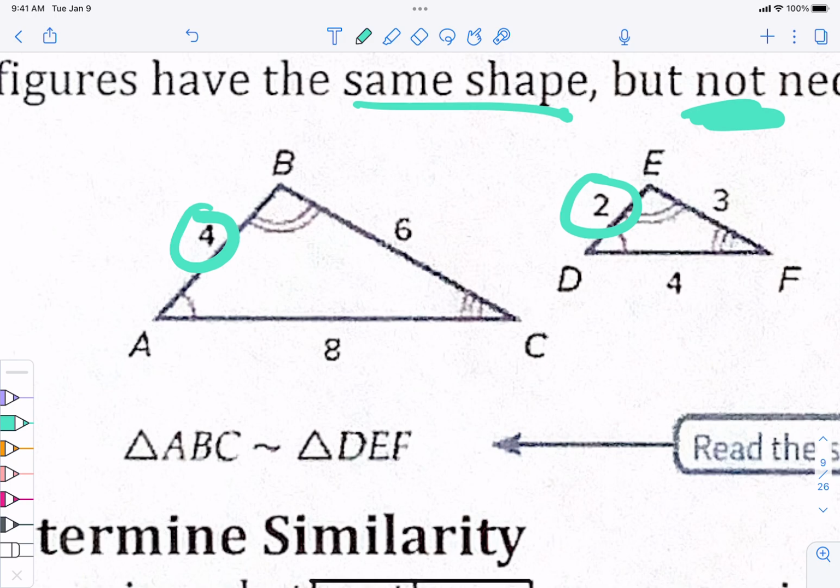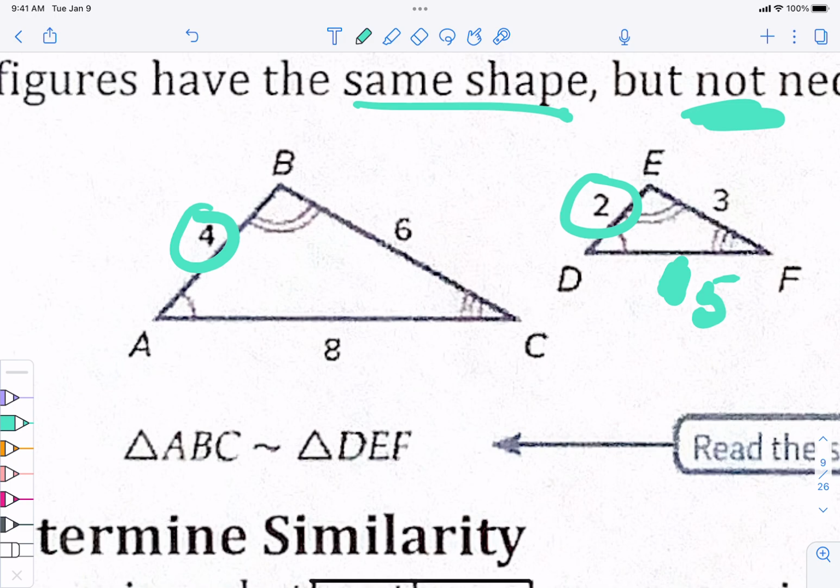We've divided by 2, right? Now, if we're dividing by 2 here, we have to also be dividing by 2 here. Are we? Yes. And we have to also be dividing by 2 for the next one, right? So if instead, let's say this one was actually a 5, were we dividing by 2 here? No. So these figures would not be similar figures. Does that make sense? The sides would not be the same dimension.